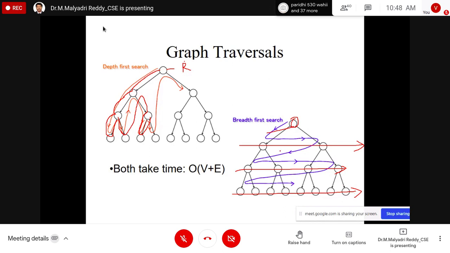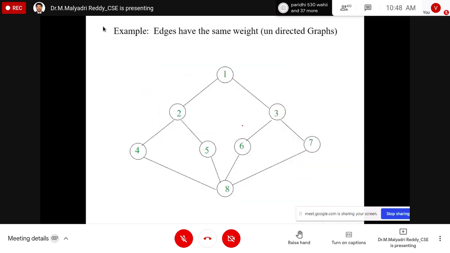Chandu, you will explain this one by using an example. Pardeep, first you explain. This is our given graph. Sir, I am not sure, because I have confusion in DFS and BFS. Okay, Pardeep, this is the basic graph.